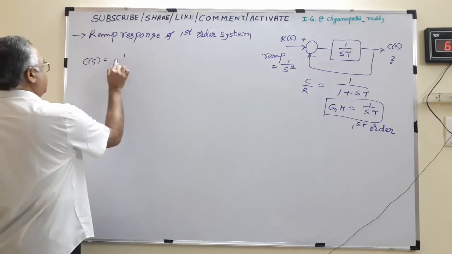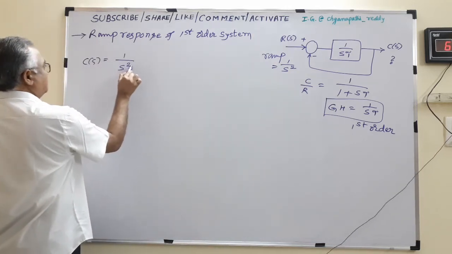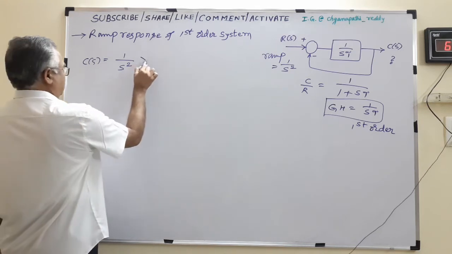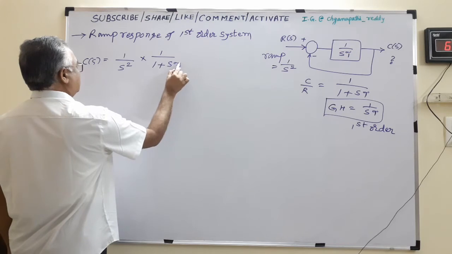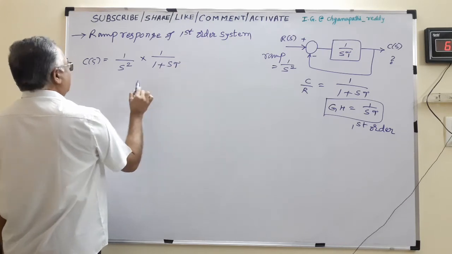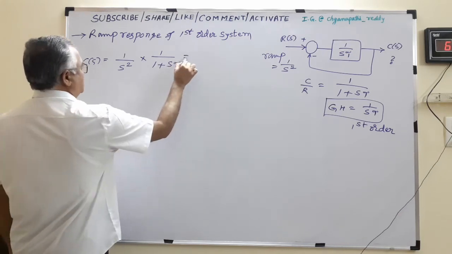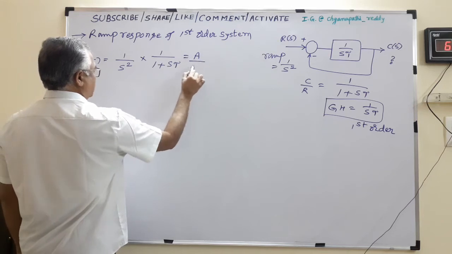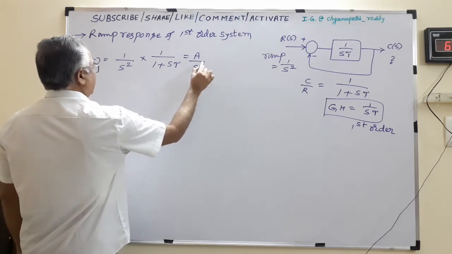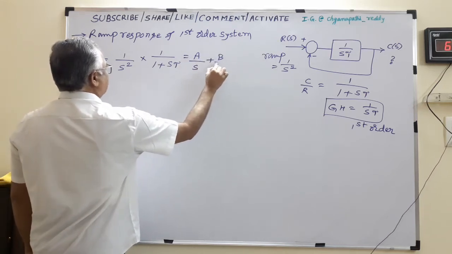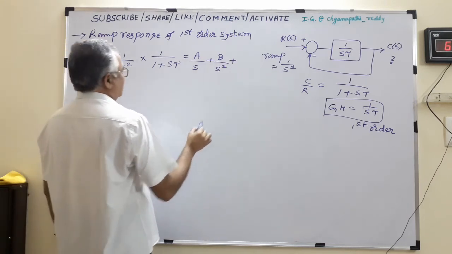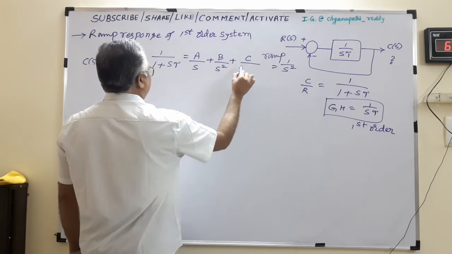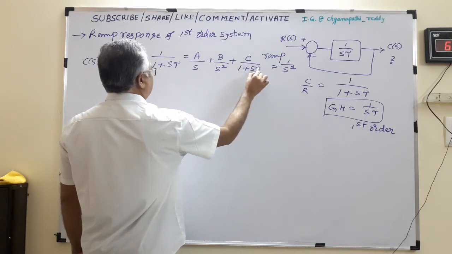So C of S is 1 by S square into 1 by 1 plus S tau. This is equal to, using partial fractions, A by S plus B by S square plus C by 1 plus S tau.